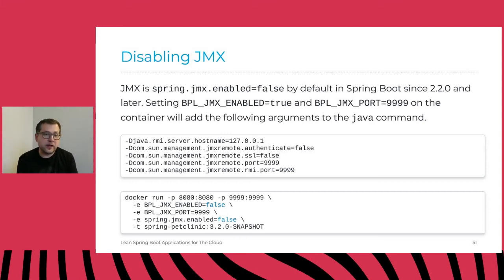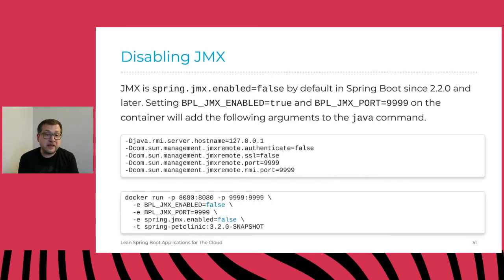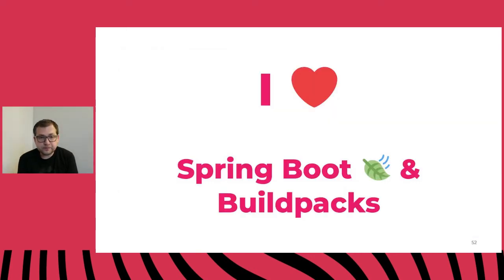So I just wanted to tell you, I love Spring Boot and Buildpacks because they just do the right thing. And in case you need to enable JMX because you deploy not in a Kubernetes cluster and you maybe want to expose it in a different way, you might still enable them as you are known to do that from the past.